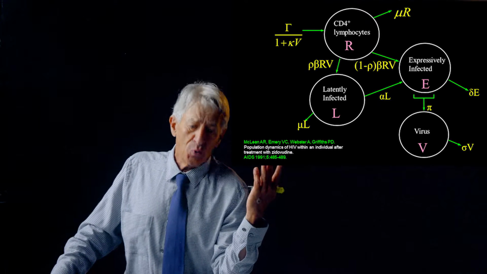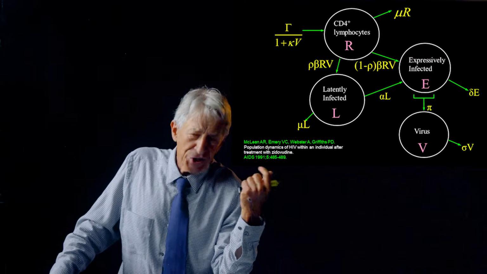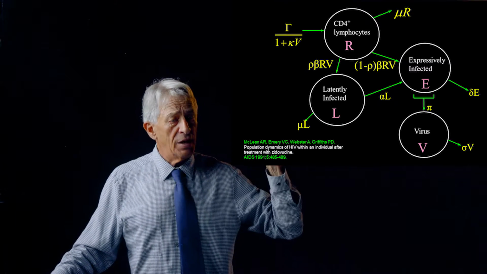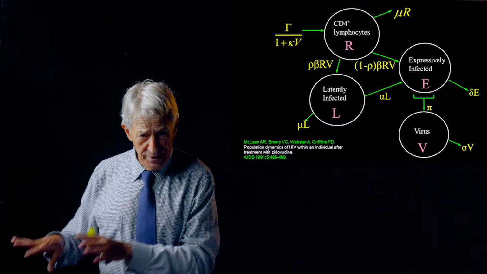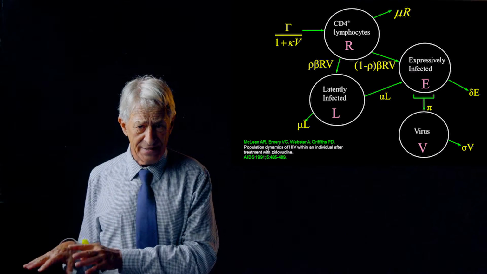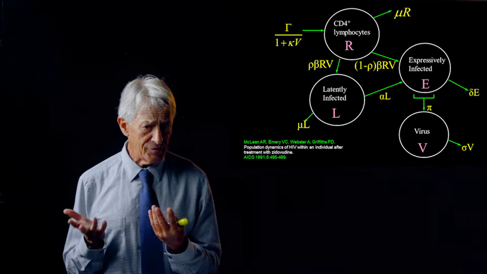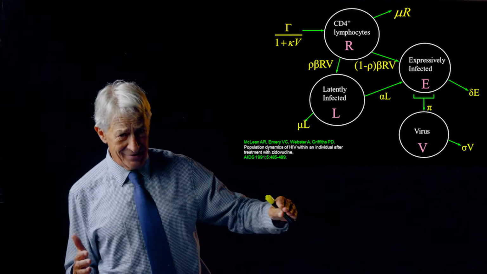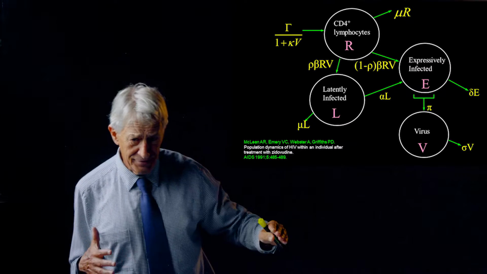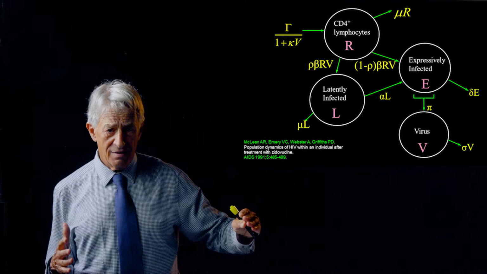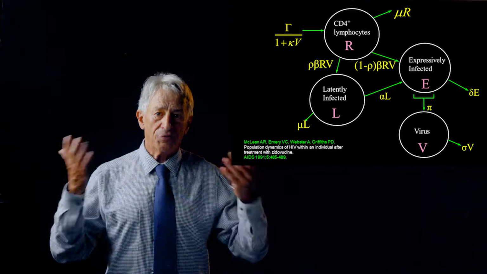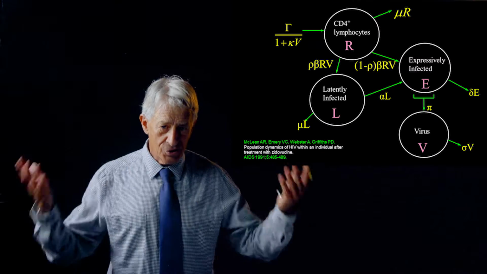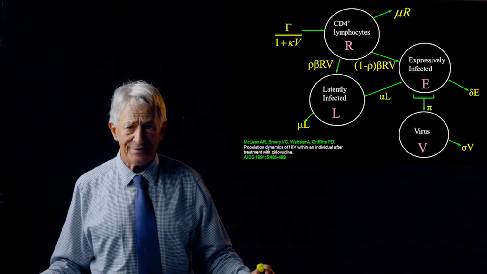When they do, a fraction rho of them become latently infected, which means they're just kind of quietly infected and not expressing virus themselves. But the rest of the fraction, 1 minus rho, become expressively infected, and those are the T cells that start producing the extra viral particles, which is what is going to give you the disease.